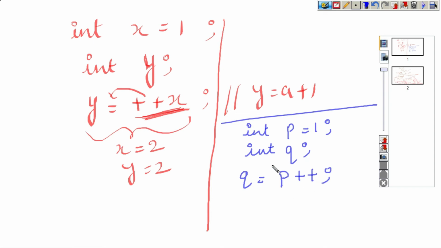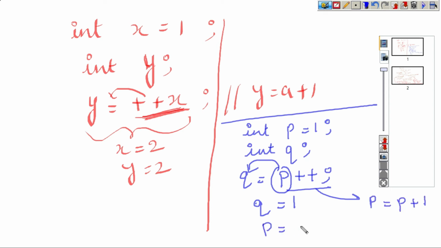So what does it mean? This is post-increment. Post-increment first assigns the value to q and then increments the value of p. So what is the value of p first? 1. So first 1 will go to q, so q will be 1. After that it will make p equal to p plus 1. So here p is equal to 2. This is the basic difference.